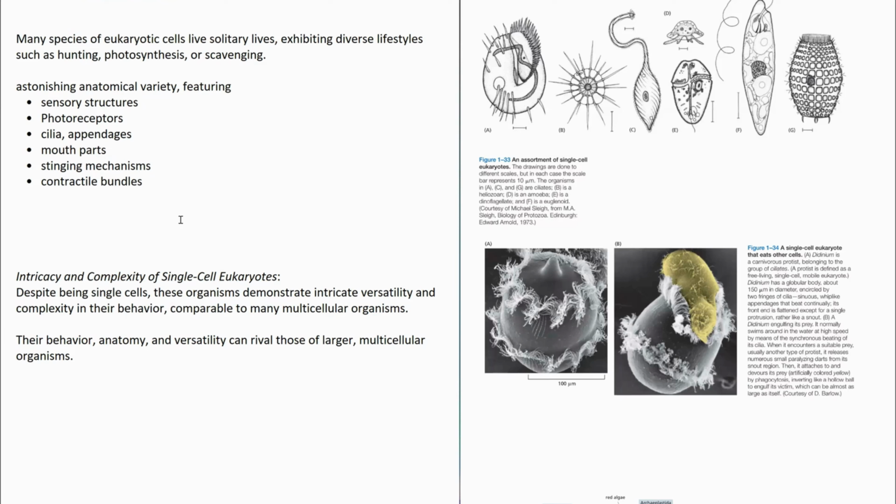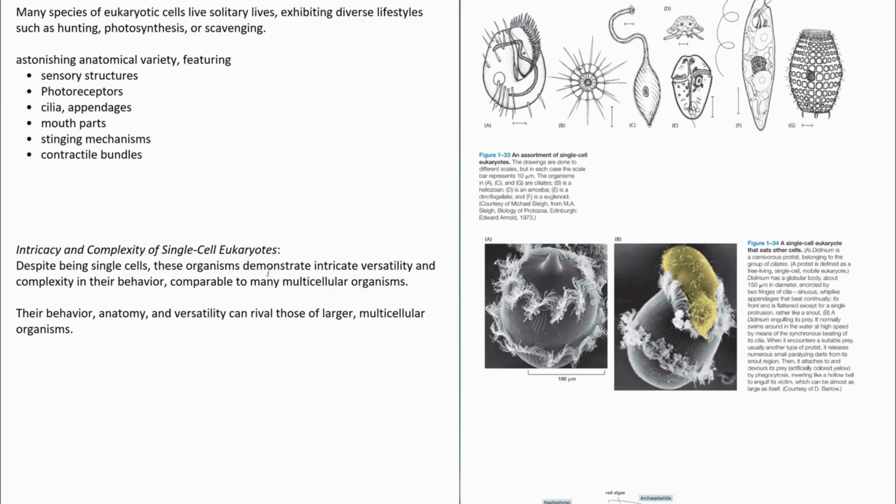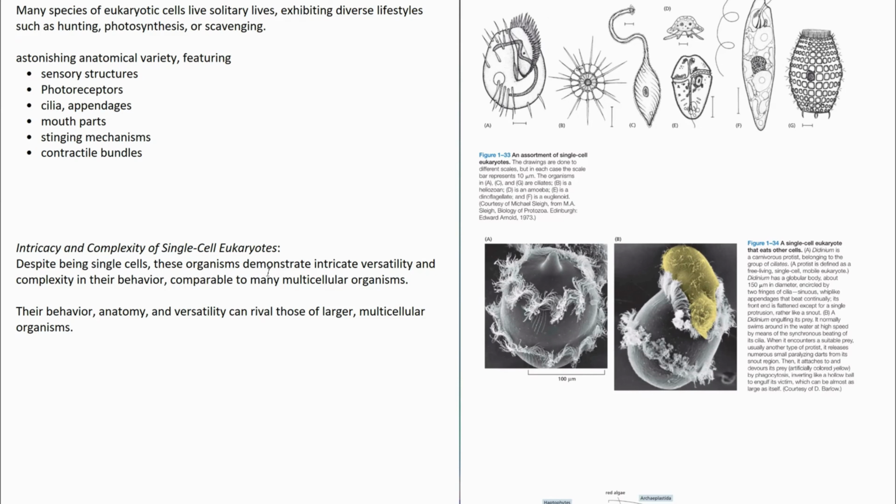There are cilia or appendages for locomotion, and particular parts to break down or capture food, attacking prey or predators, and so forth. Life has developed so much diversity in structure and function. It's quite fascinating. These are electron micrographs of some examples of single-cell eukaryotes, of protists, for example.